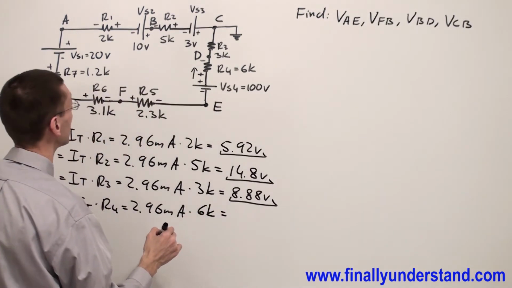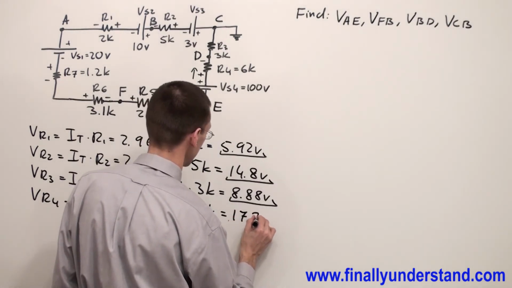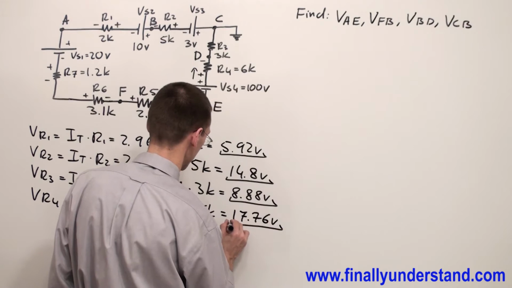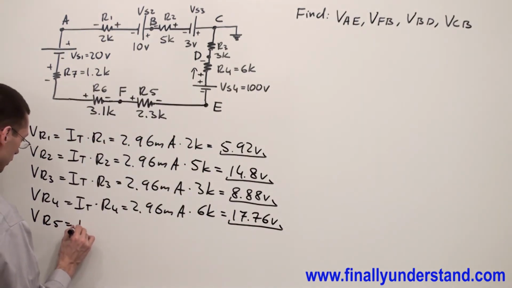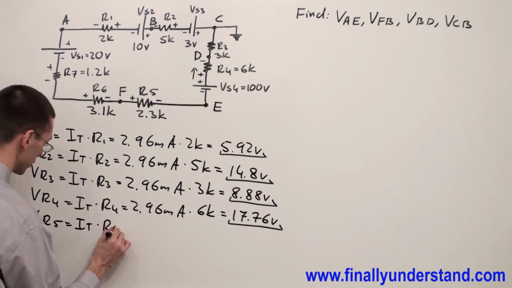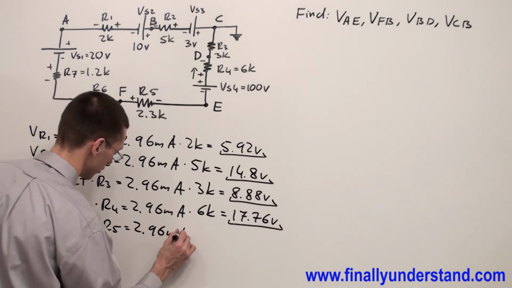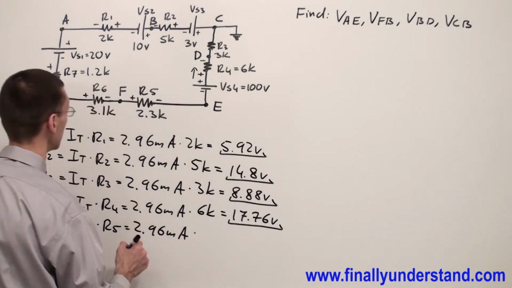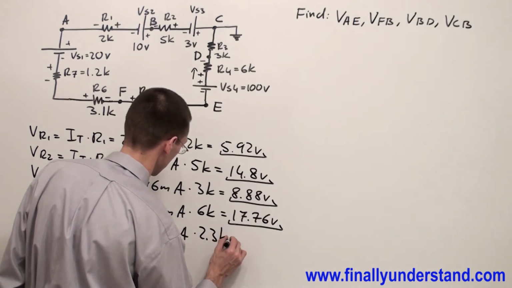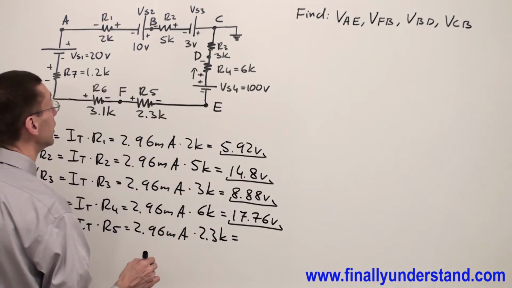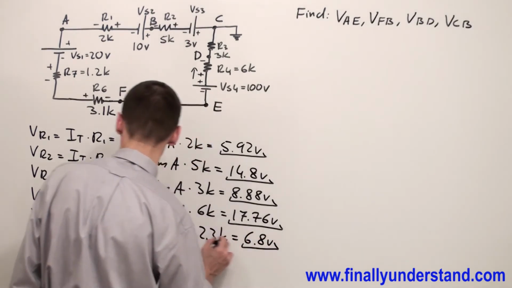This is equal to 17.76 volts. VR5 is equal to I total times R5, which is equal to 2.96 milliamps times R5, which is equal to 2.3 kilo. VR5 is equal to 6.8 volts.